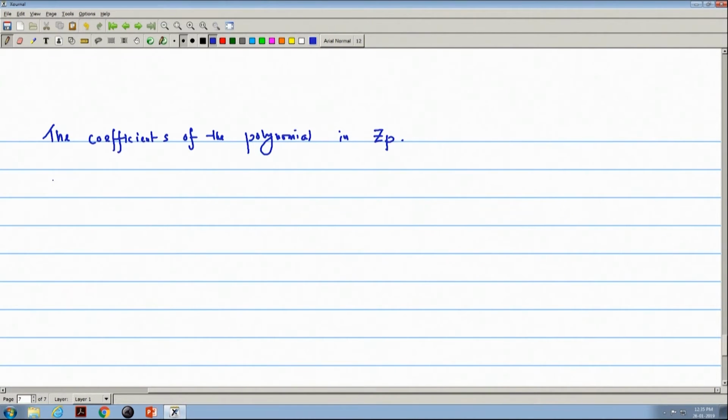Now, once we get the set of polynomials, we can do the modular polynomial arithmetic.